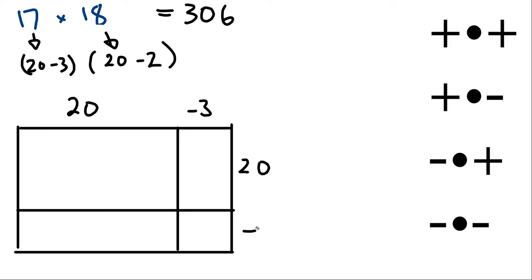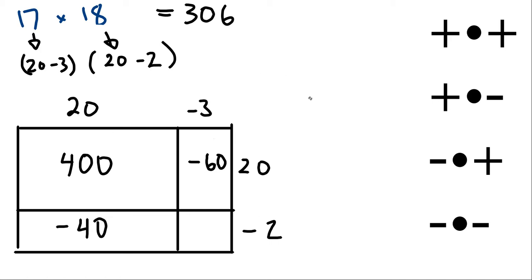20 take away 2. Well, 2 times 2 is 4, times 10, 400. 20 groups of negative 3, minus 60. This we don't know. We'll go over here. 20 groups of negative 2 is minus 40.